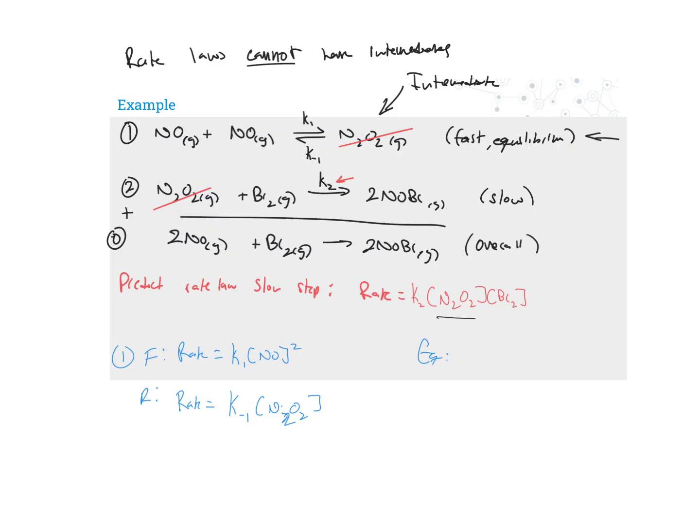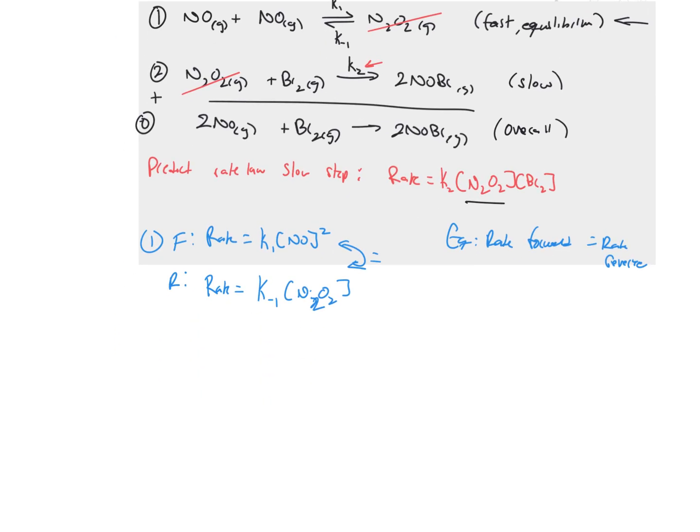Equilibrium means rate forward equals rate reverse. And so I can set these two equal to each other. So step 2 here, I just set each of the rates equal to each other. So K1 times NO squared is equal to K minus 1 times N2O2.